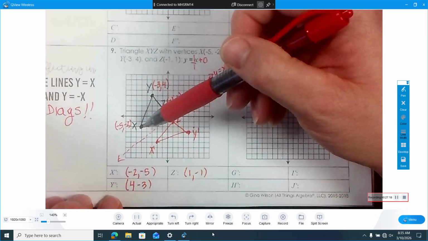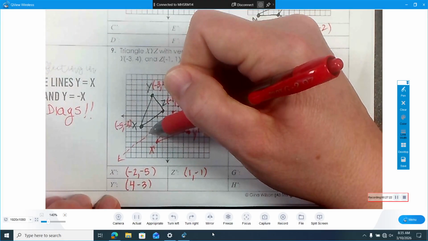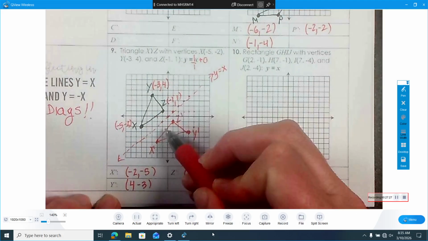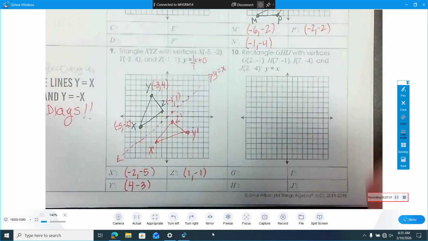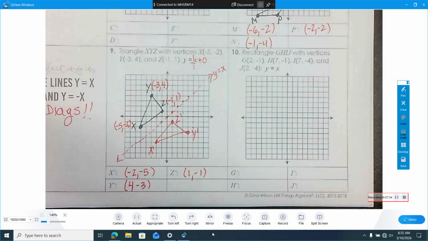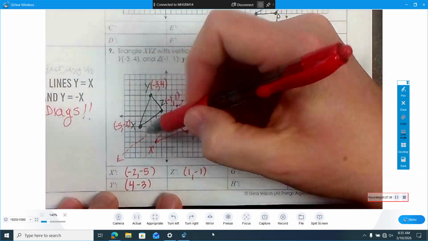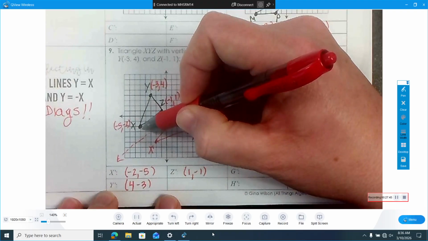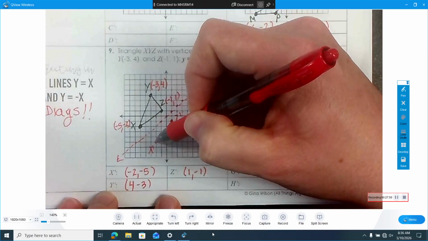So if you look here at the x and the x prime, what you can kind of see is this line of reflection is up 1 over 1. To cross over a line of reflection, we always are perpendicular to that. So what I would need to do is go down 1 over 1. You can see if I go down 1 over 1, right on that diagonal, I go 1 diagonal and then just a half, and then a half and 1 whole diagonal away.